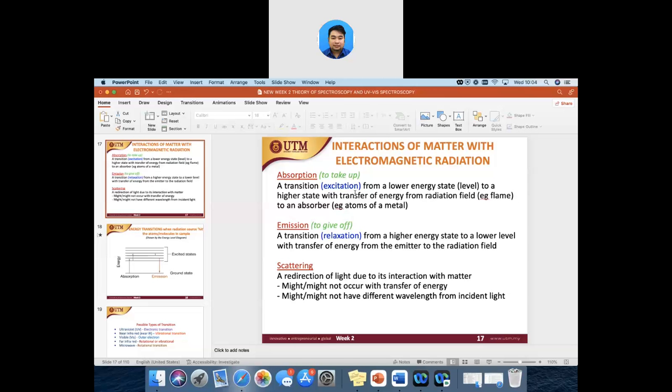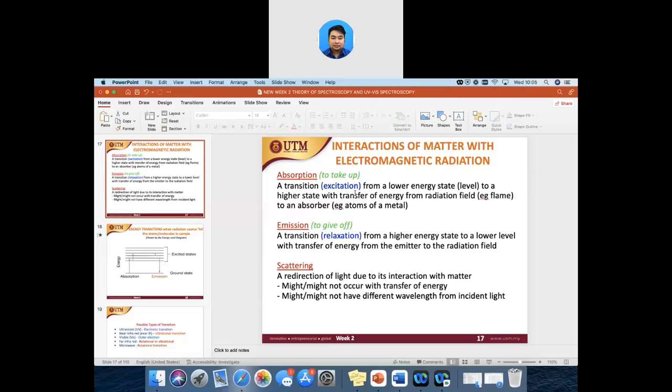So imagine that your analyte is sitting quietly, minding its own business. For example, plumbum: I'm just minding my own business in this fish. When I am subjected to electromagnetic radiation, for example UV radiation or even gamma radiation, I have to decide whether I want to absorb, whether I want to emit, or whether I want to scatter.